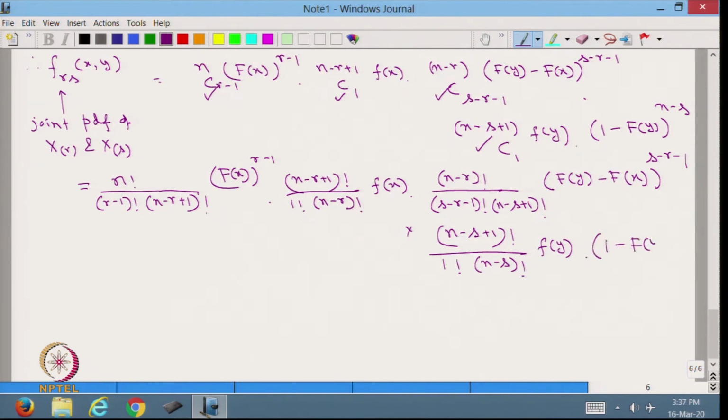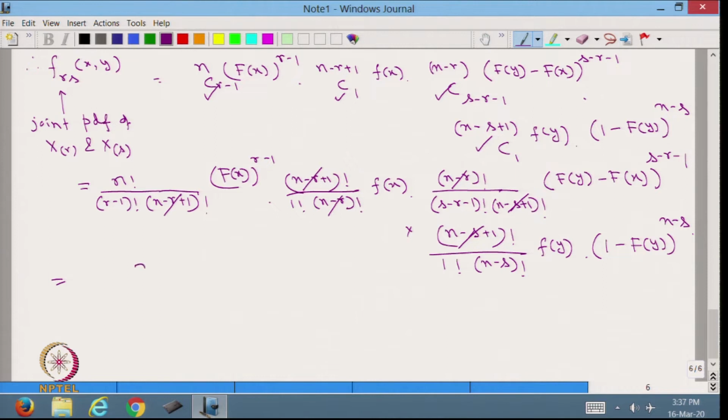multiplied by (1 minus F(y)) whole to the power n minus s. If we look at this, this gets cancelled with this, (n minus r) factorial gets cancelled with (n minus r) factorial, and (n minus s plus 1) factorial gets cancelled with (n minus s plus 1) factorial.